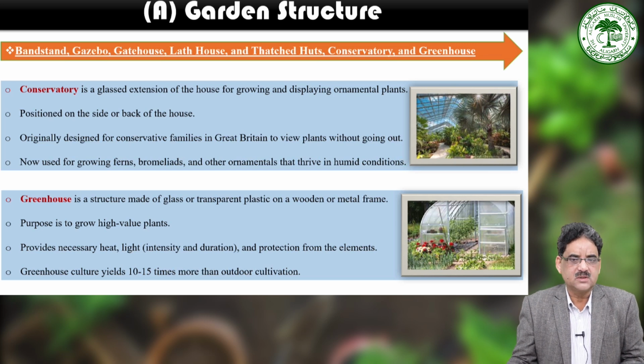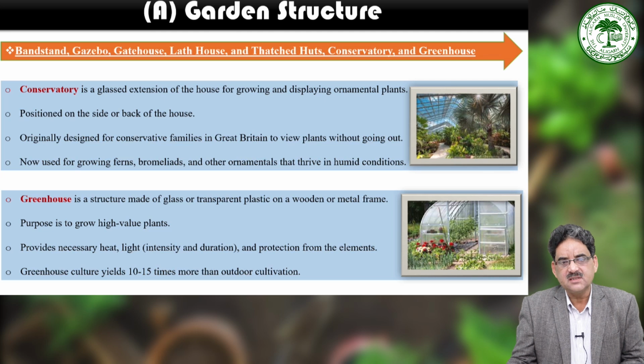A greenhouse is a constructed structure with a frame made of wood or metal covered with glass or transparent plastic, designed especially for cultivating high value plants, as shown in this picture.